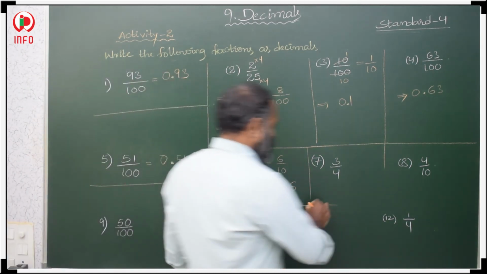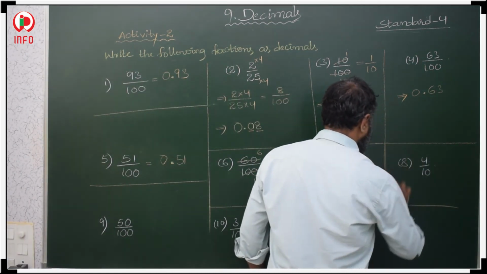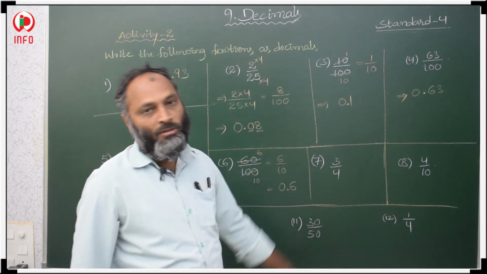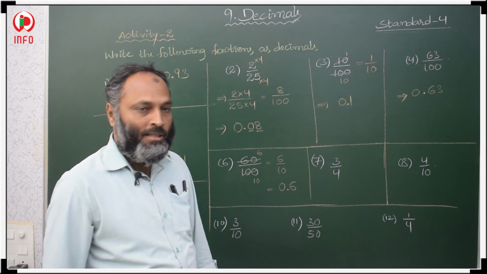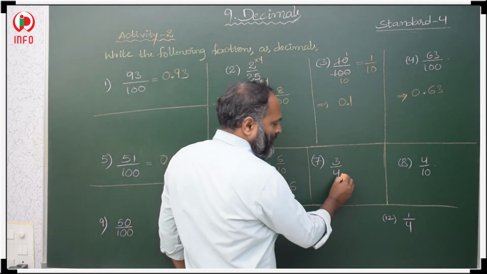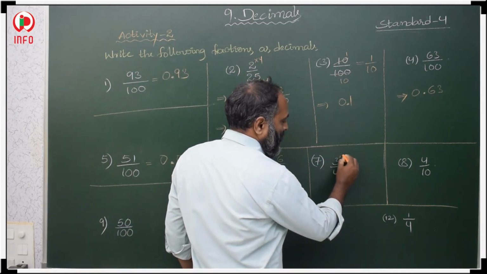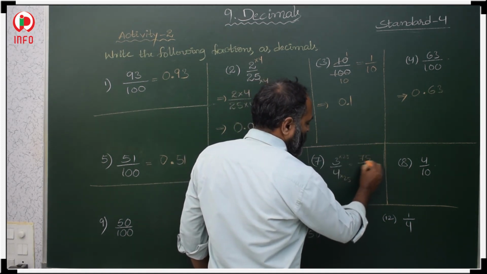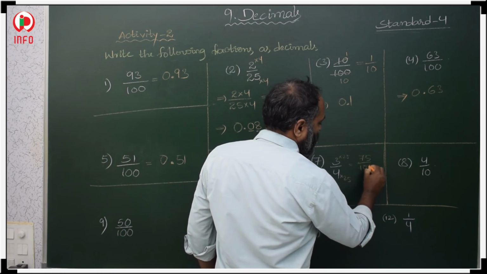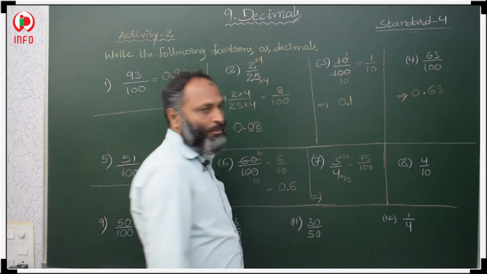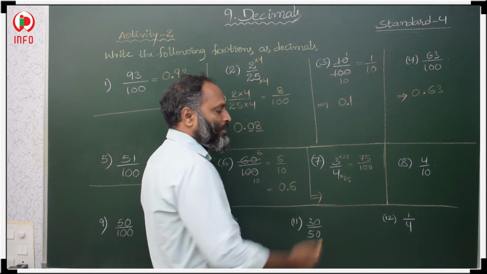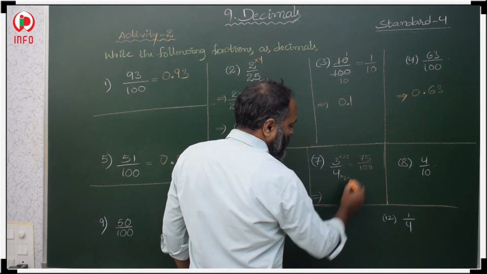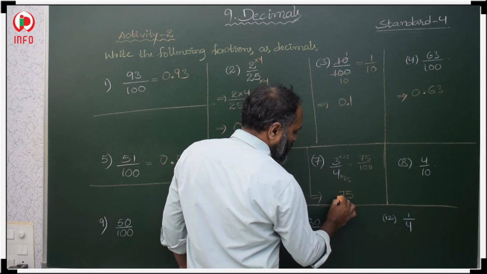3 by 4. Here there is no 100 or 10. So we have to think about when it is possible to get tens and hundreds. Yes, if you multiply 4 with 25, you will get 100. 3 25s are 75, 4 25s are 100, so that is 75 hundredths, not 75 tenths. Means after 2 places we keep a decimal from right to left.